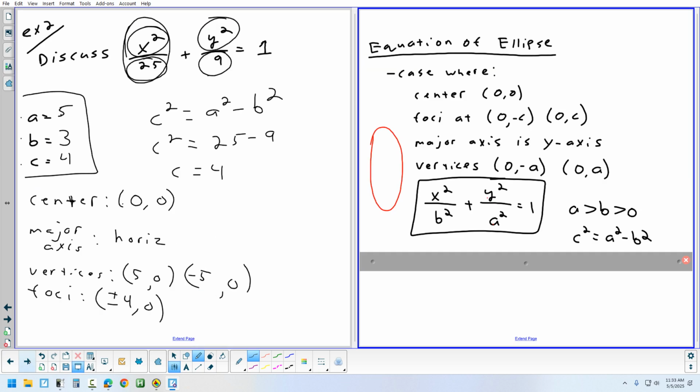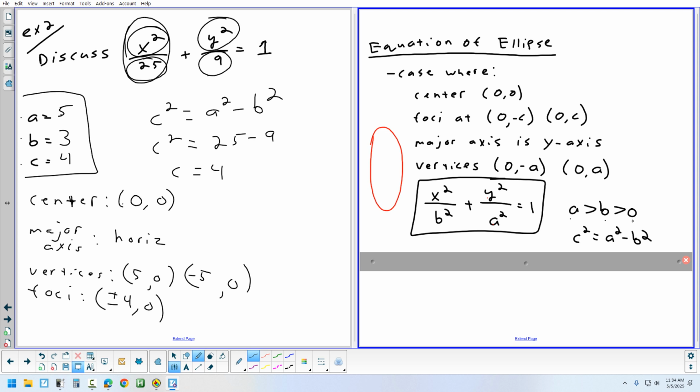So now, let's look at a different equation. The difference in this one is the a and the b are swapped. X squared's always first, y squared comes second, and you have to have a 1 on the right-hand side. Just like before, a is bigger than b, and b is bigger than 0. C squared still equals a squared minus b squared, no change there.